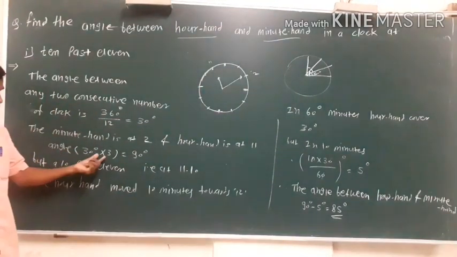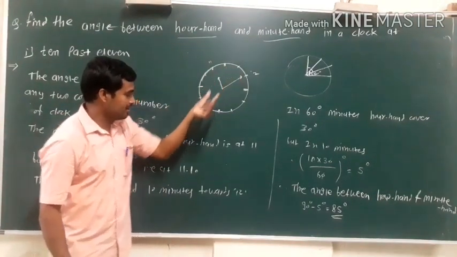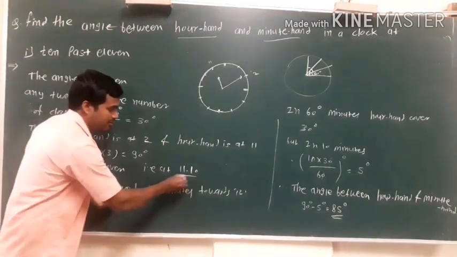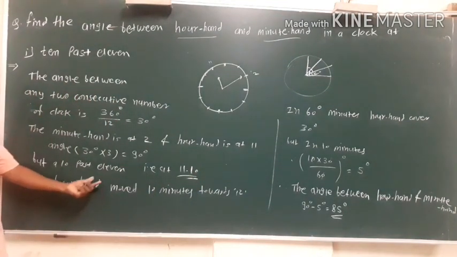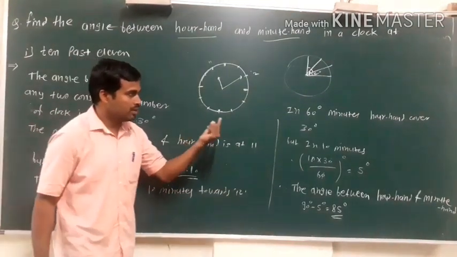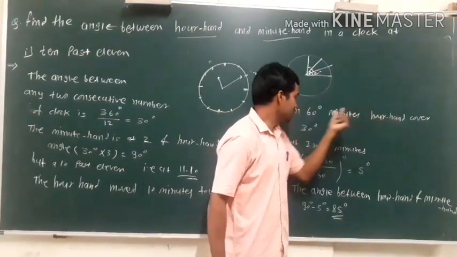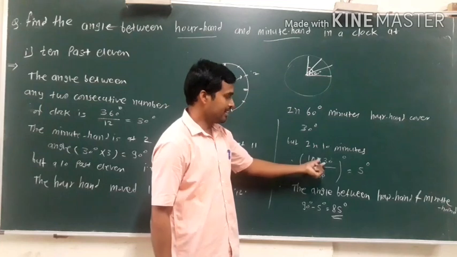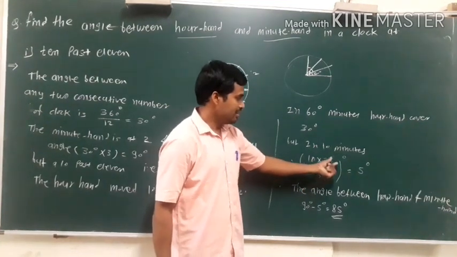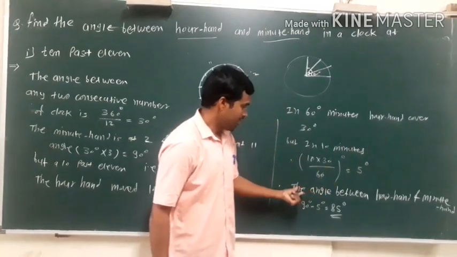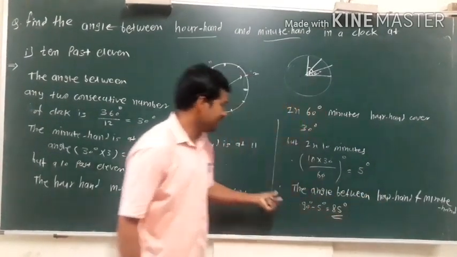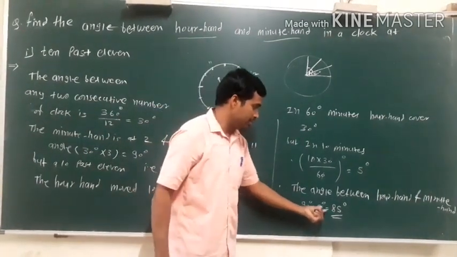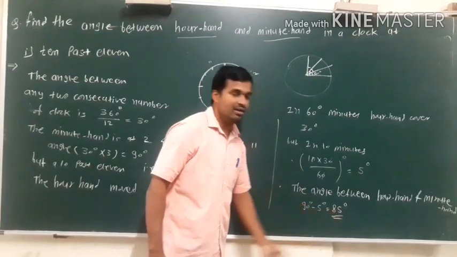So angle 30 into 3: 3 slots, 1, 2 and 3, 30 into 3 is 90 degree. But 10 past 11 is at 11:10. The hour hand moves 10 into 30 divided by 60 degree, calculation 5 degree. So the angle between hour and minute hand is 90 degree minus 5 degree equals 85 degree. These are the final answers.